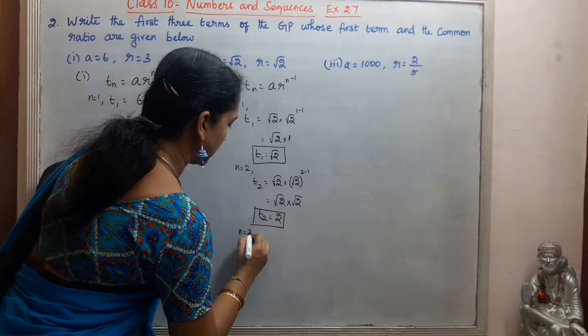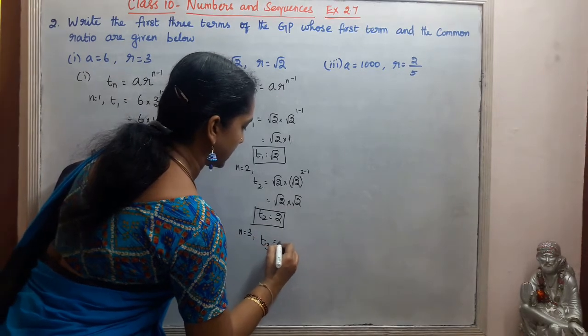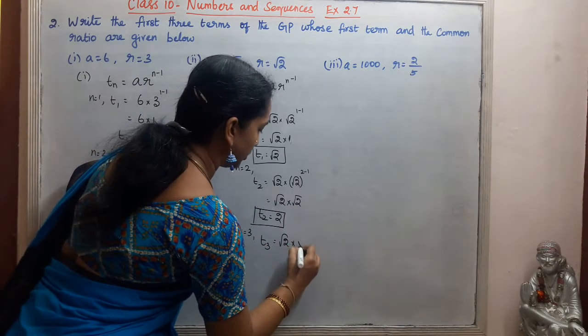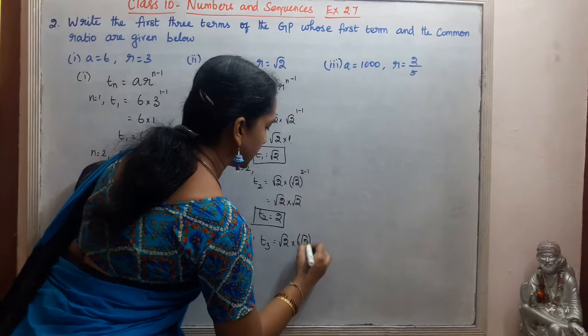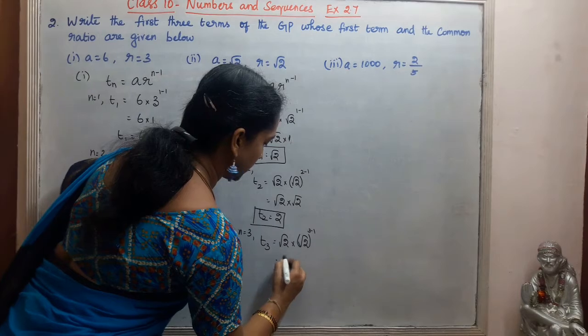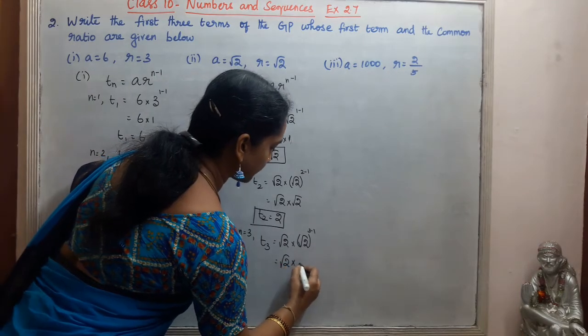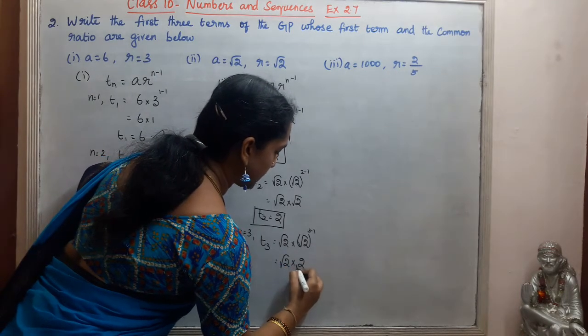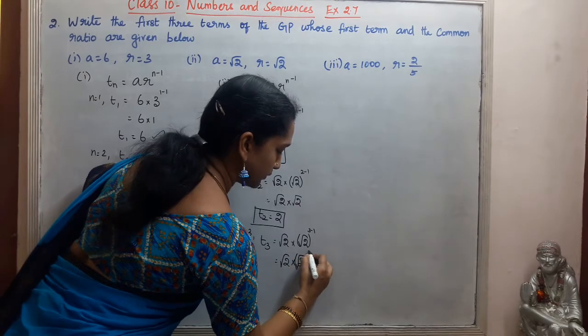Then n is equal to 3. So T3 is equal to root 2 into root 2 power 3 minus 1. So 3 minus 1 is 2. So that is equal to root 2 into root 2 power 2.